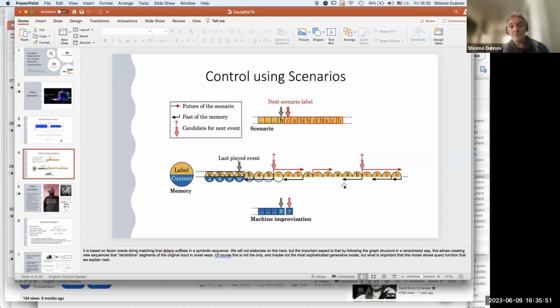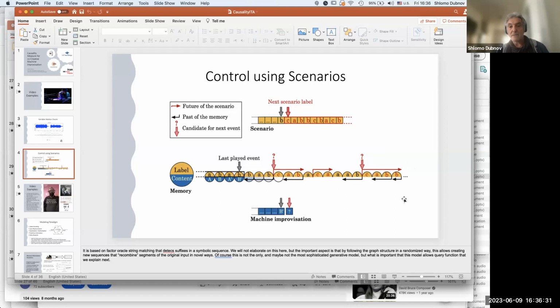In that sense, what you need is a kind of scenario, or set of expected labels, that will tell you which of all of these possible continuations you want to choose, only subsets. So you need extra information, maybe the chords, maybe segments, maybe some other agreed possibilities for how the generation is going to develop into the future. So you choose which one to go forward.